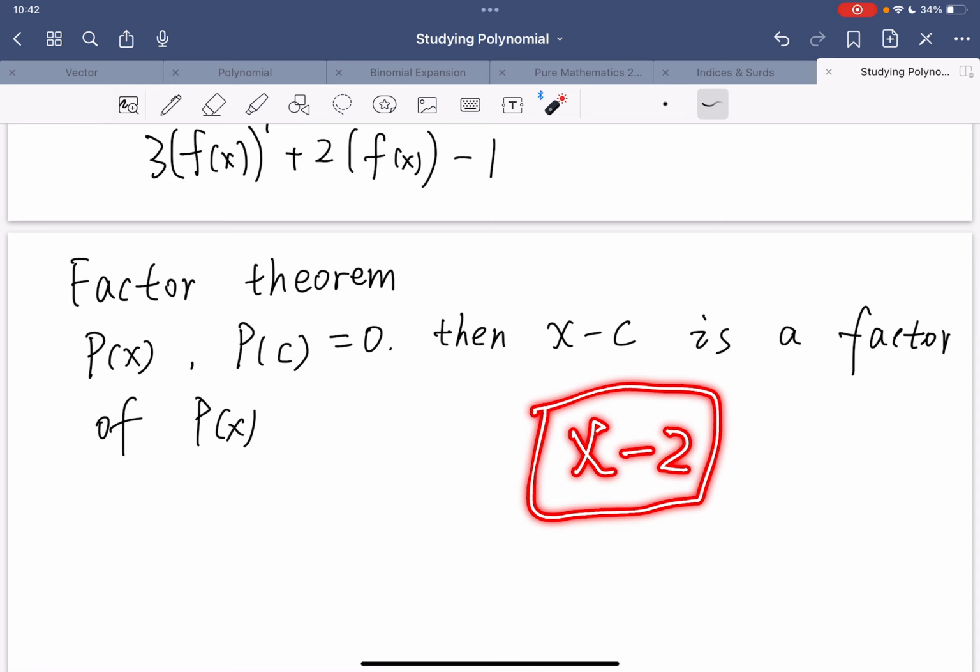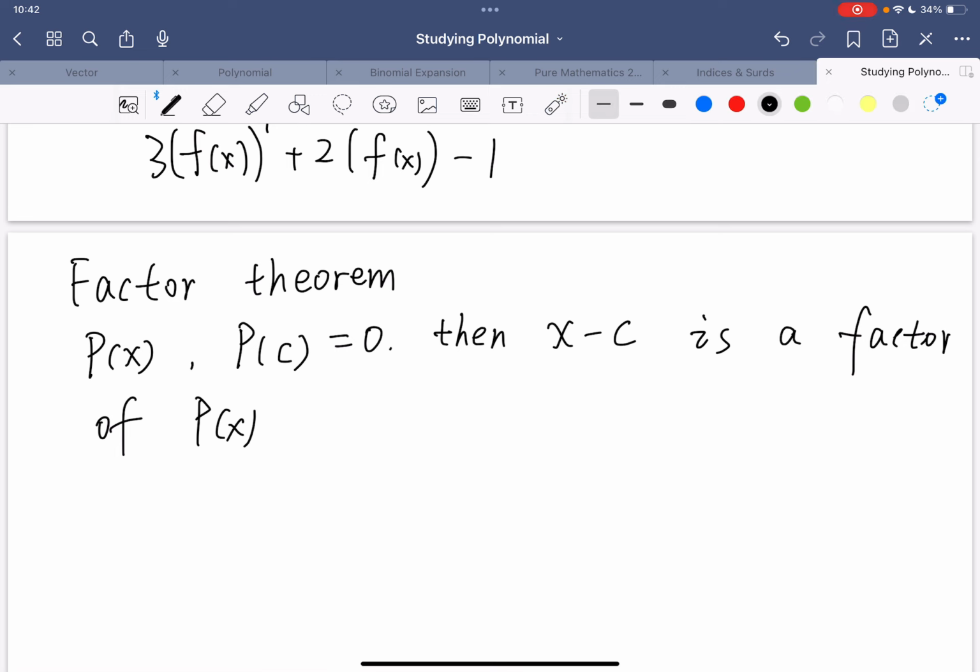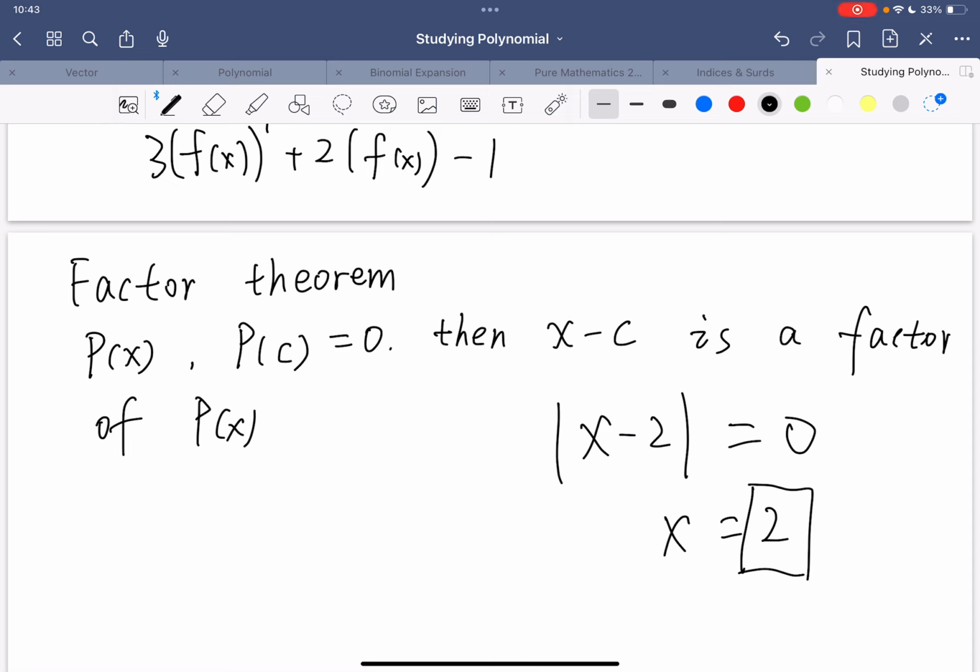You just need to make the factor equal to 0, then x equals 2, and bring this value 2 into each variable term. Then if the whole expression becomes 0, it's a factor. If not, then it's not a factor. Simple as that, okay?